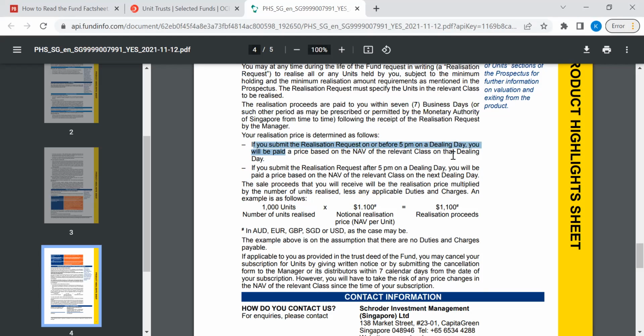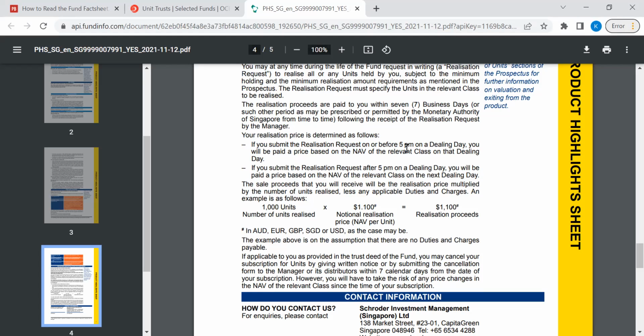So as long as you submit before 5 p.m., it will be based on the price of that day. They didn't specify whether, when they refer to 5 p.m., there is actually one price at 5 p.m. which they will follow.